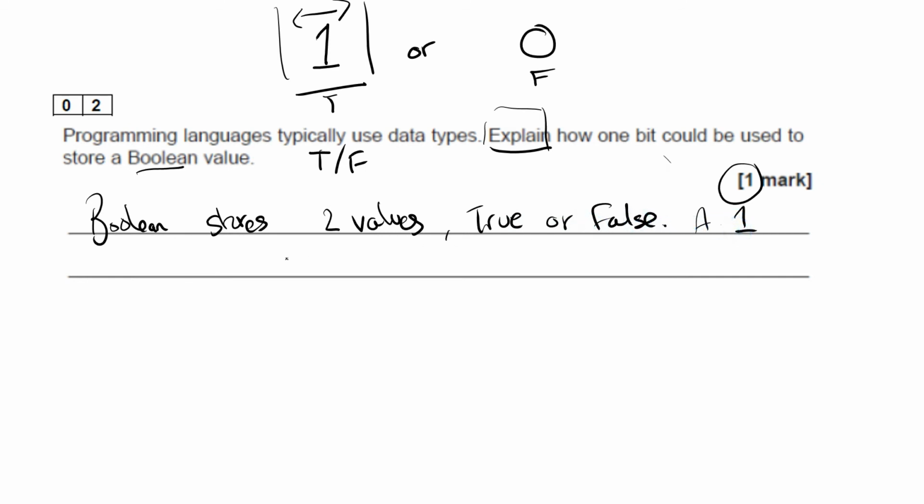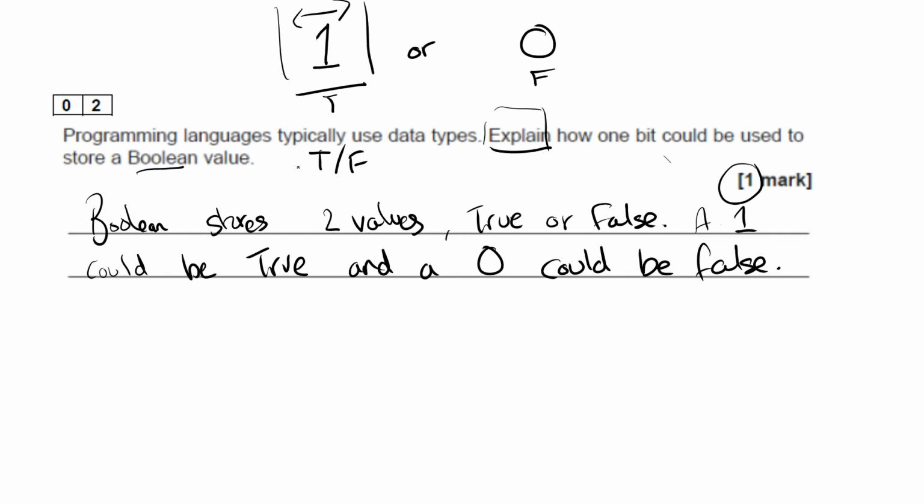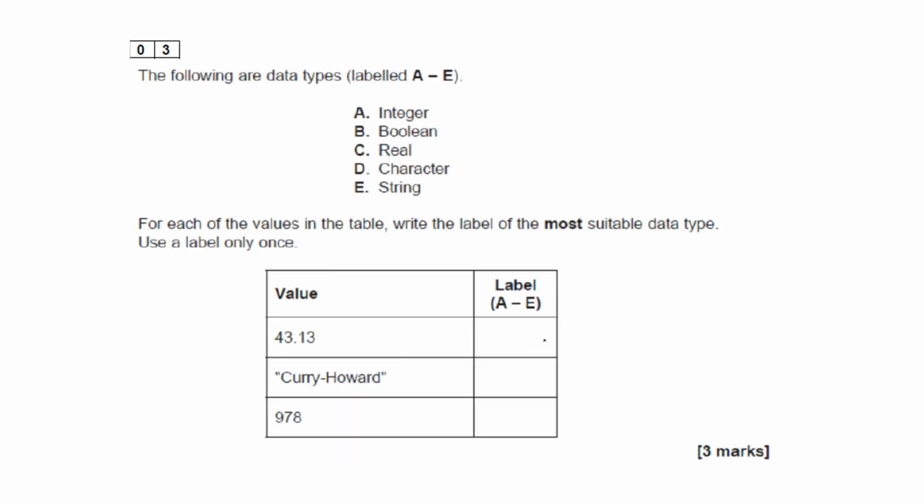A 1 could be true and a 0 could be false. And that answers the question. So it says explain how 1 bit could be used to store a Boolean value, and I've answered the question there. The third question is worth 3 marks, so I'll be careful with this one.